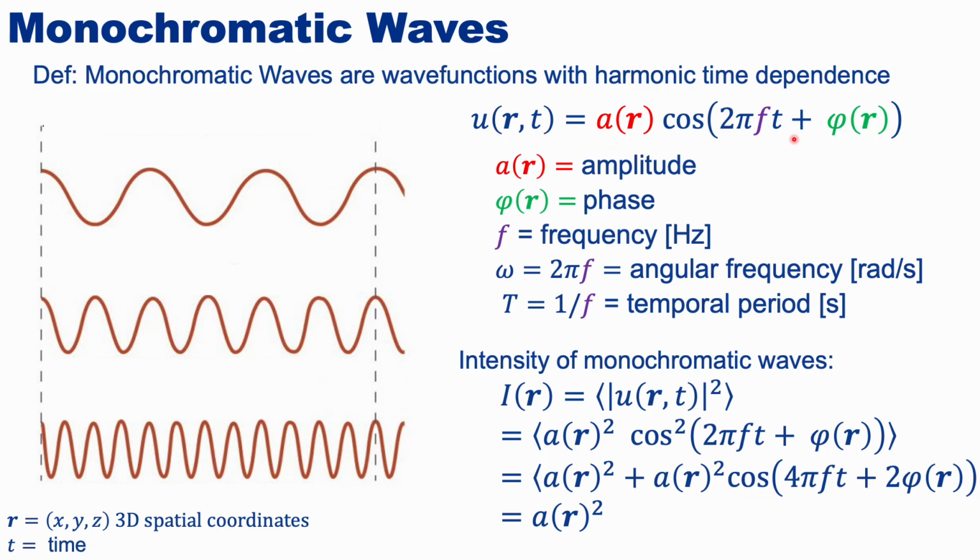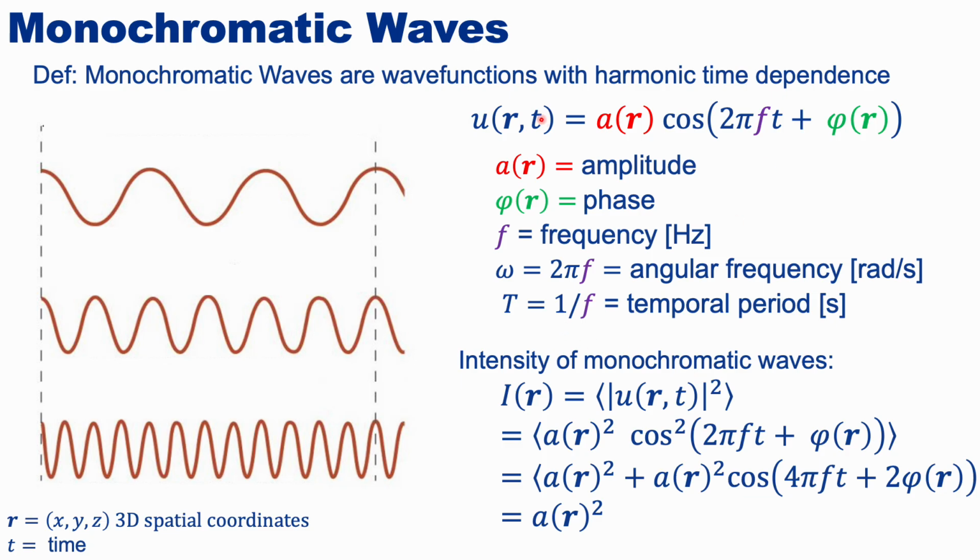We need to define the periodicity, right? So we talk about the frequency, and the temporal period is 1 over f. We can sometimes define it as omega, but we can also talk about an initial phase, such that at time equal to 0 the value is not maximum, there is some delay.